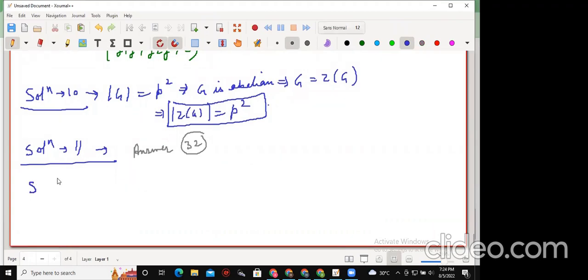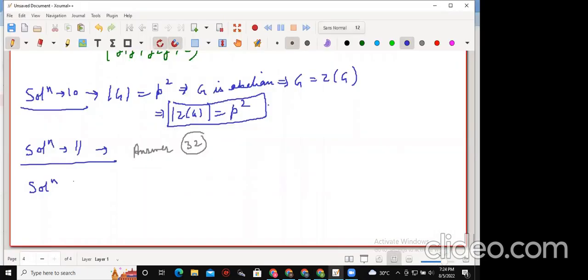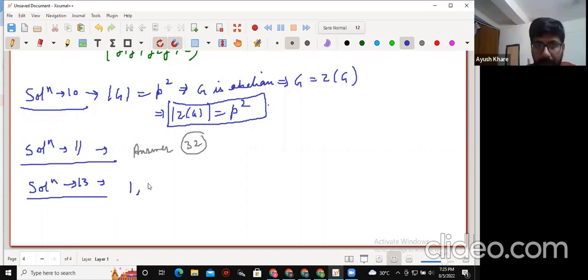Yeah, trivial subgroups. So 1 and G are always characteristic, right? And what else?